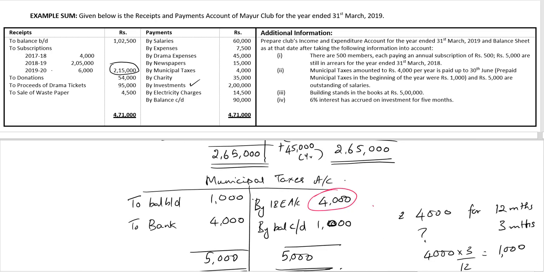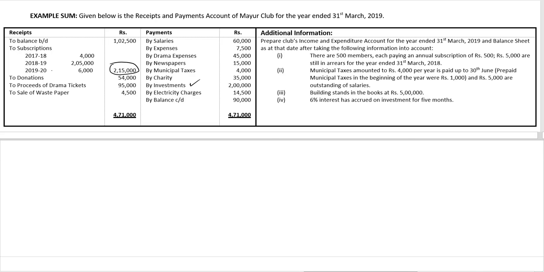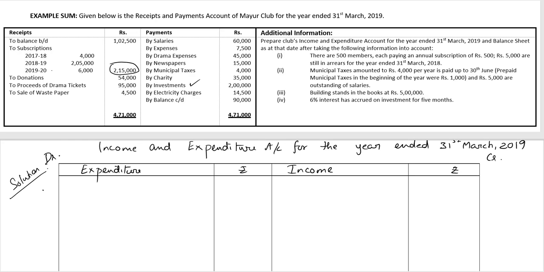So we'll insert these amounts in the income and expenditure account. By subscription, that was 500 multiplied by 500, which was 2,50,000 rupees.